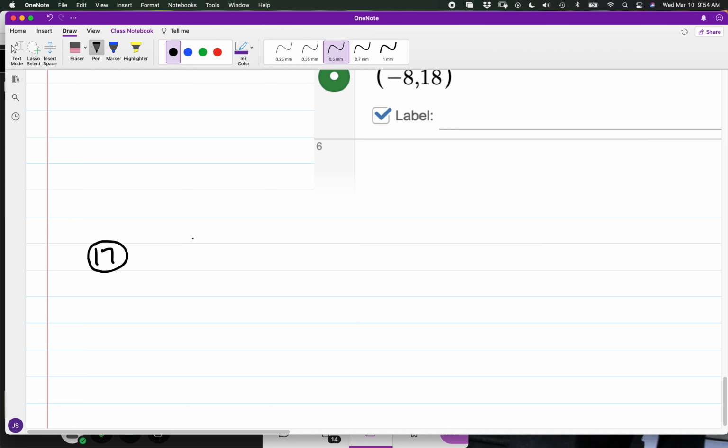And in the case of number 17, if I'm going from standard form to vertex form, I have p of x is equal to 3x squared minus 12x minus 7.